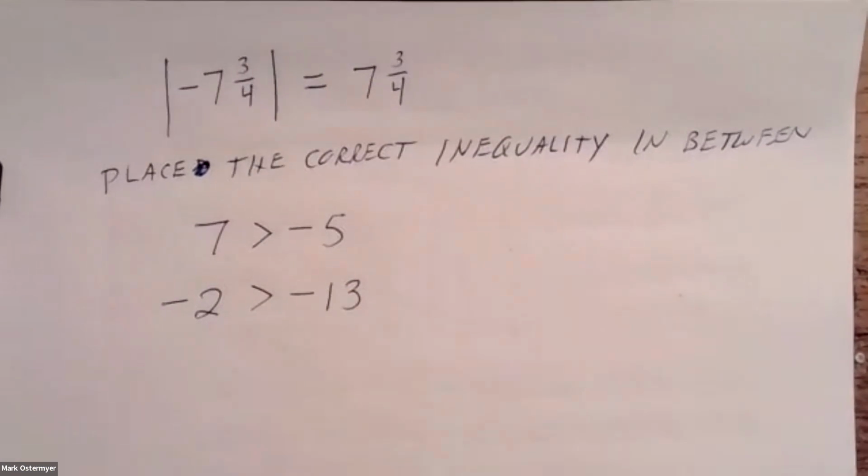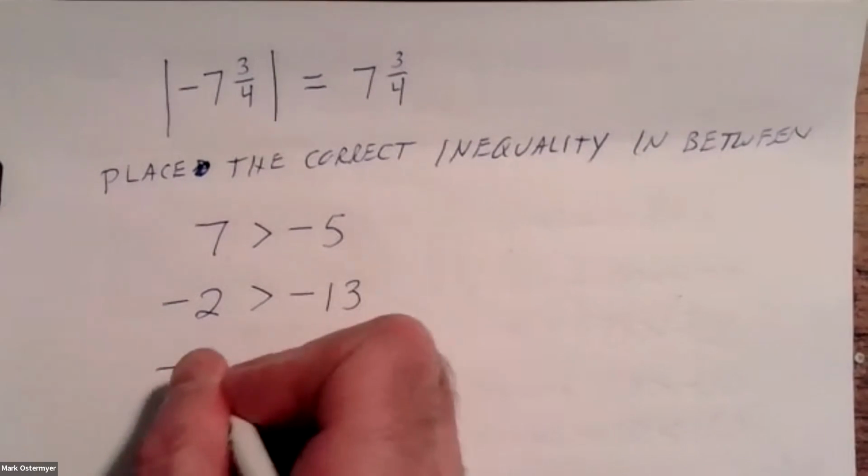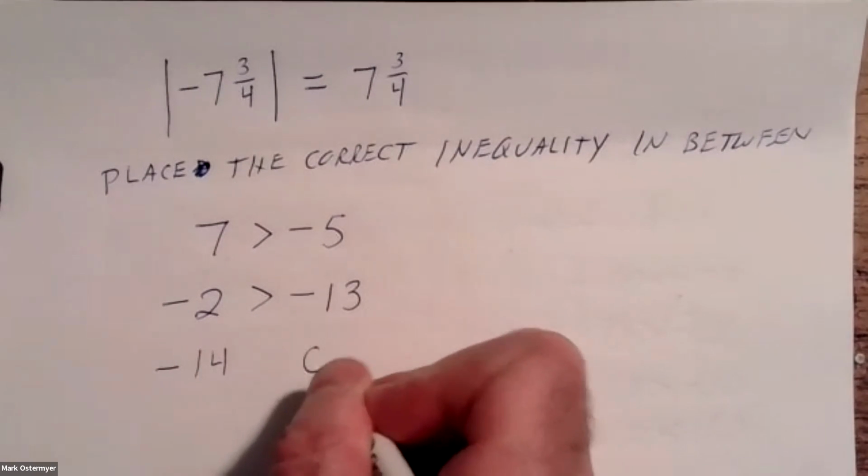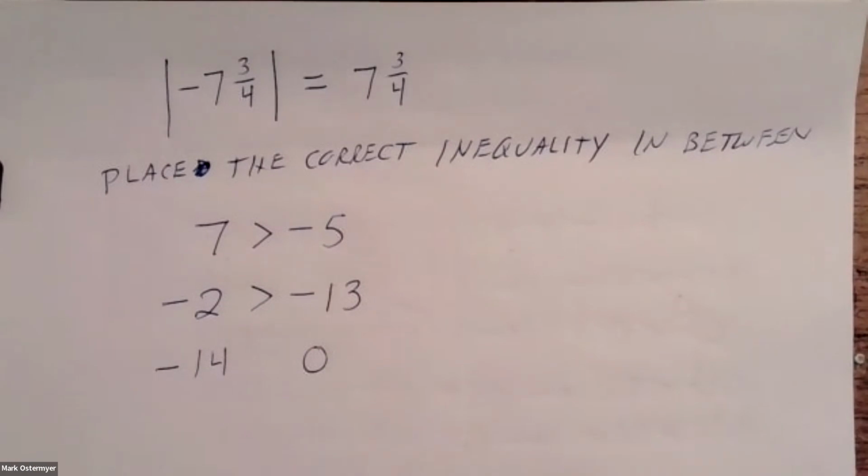Negative 2 is greater than negative 13. All right. Negative 14 compared to 0. How do we put our inequality between these numbers here? Negative 14 is less than 0.